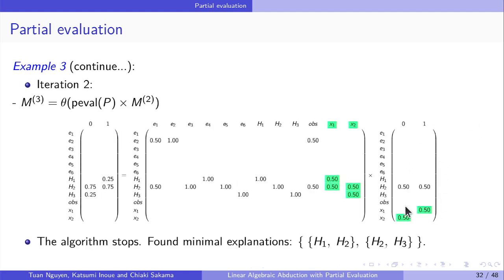This one is the next matrix, and this one is computable, and we can multiply it again with the partial evaluation matrix, and we obtain this matrix. And here the algorithm stops, and we found the minimum explanation. We actually see that the result is the same as before, but we only take 2 iterations rather than 4.